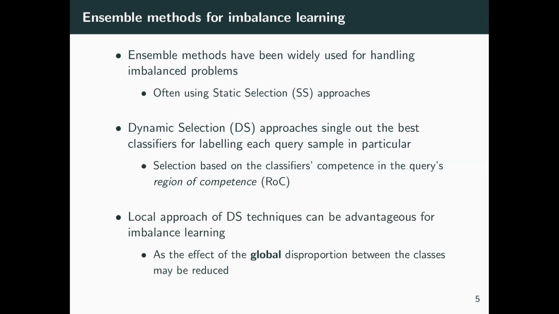And in some works, the experiments suggest that the dynamic selection techniques work very well for imbalanced learning. One of the reasons for this is the local approach of the selection, because since the competence of the classifiers is estimated locally, the global disproportion between the classes can have less effect on the prediction.